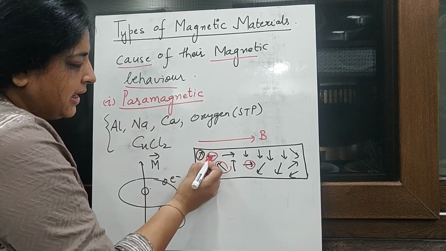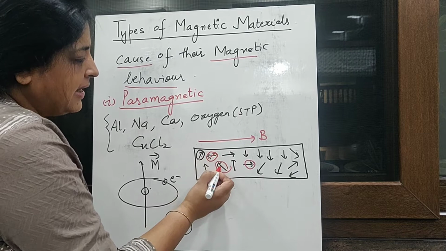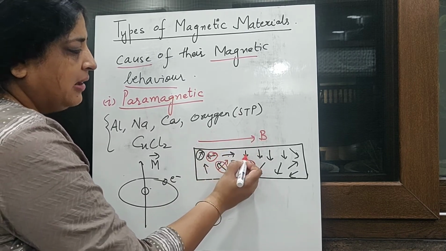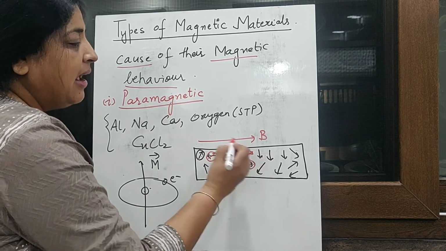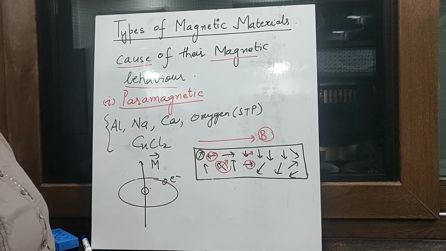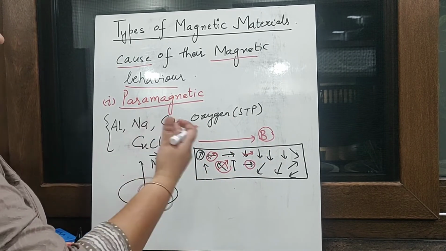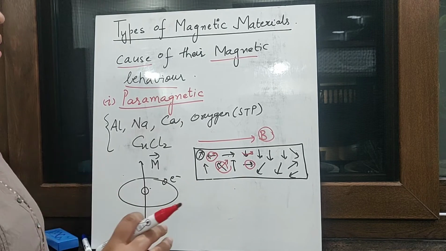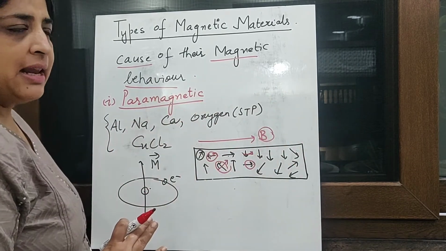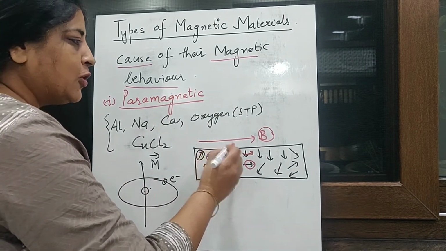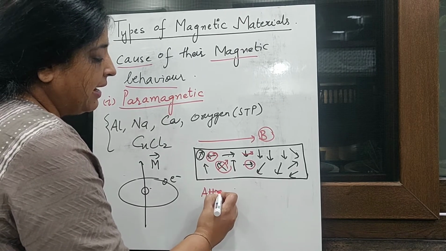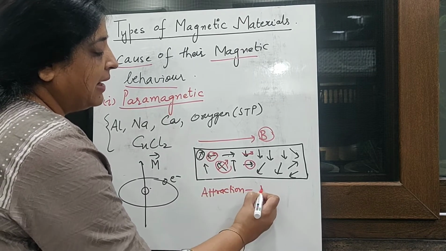This one will flip like this, this one will also start flipping, this is already in the direction, and all of them will try to align in the direction of the magnetic field. They may not align fully, they may show a little alignment, but they will try to align themselves in the direction of the magnetic field, and it is because of this reason that paramagnetic materials show a little attraction towards the magnetic field.